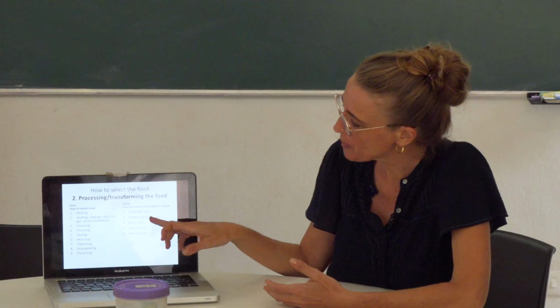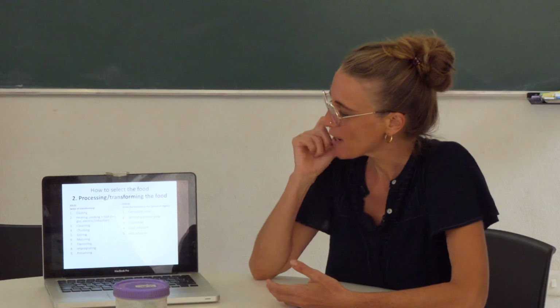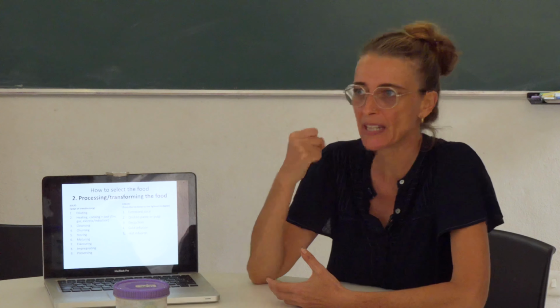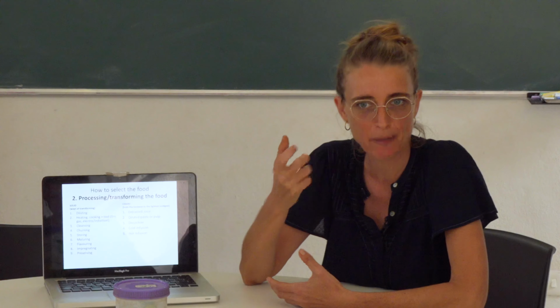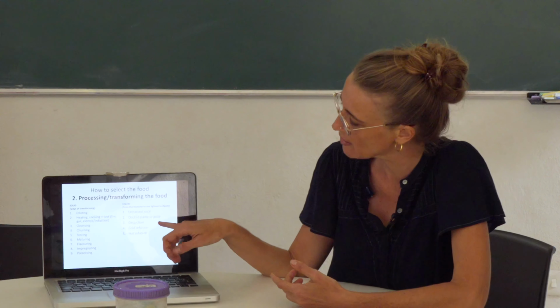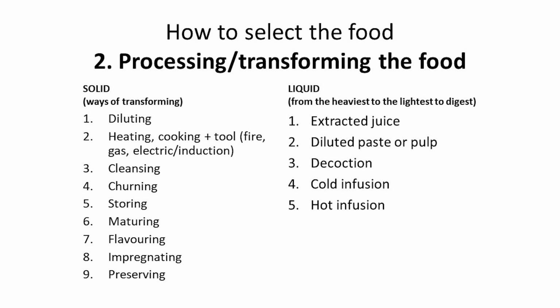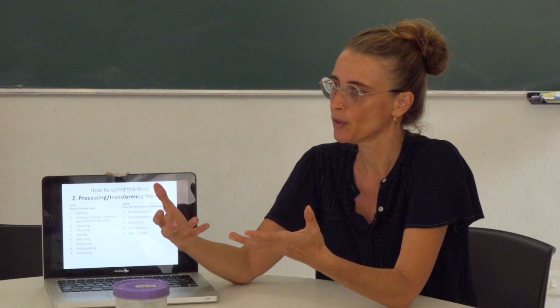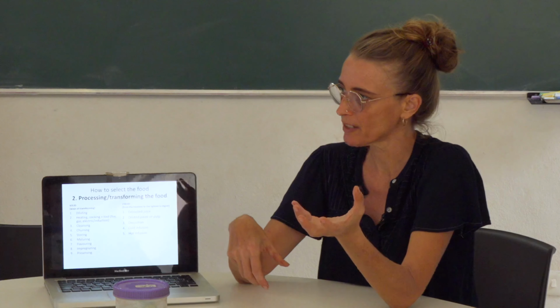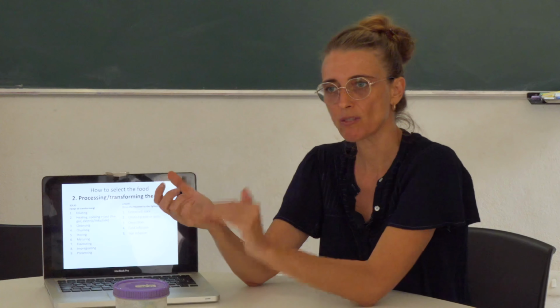Then we have diluted paste or pulp. So this extracted juice, if it's really pulpy or with lots of fiber, you can add a little bit of water or warm water to it, and it will make it also lighter to digest. Then the decoction. So now we are taking the product, the herbs, and we put it in some water, and we bring it to boil for, normally, if we take 1 part of herbs, 4 parts of water, and we reduce it to half.